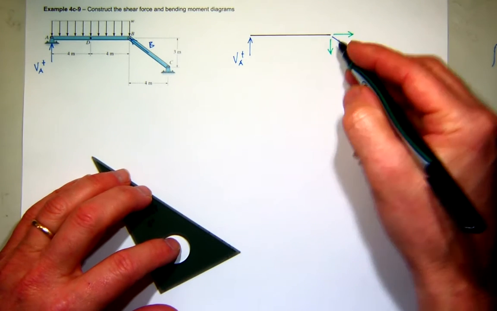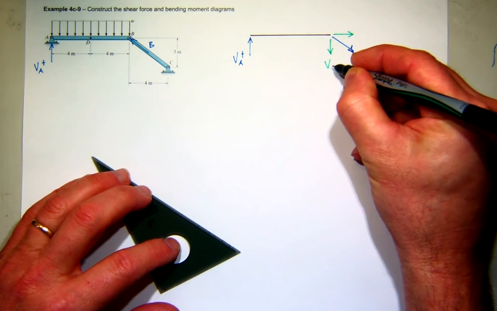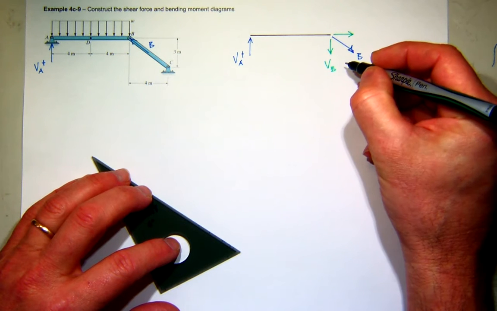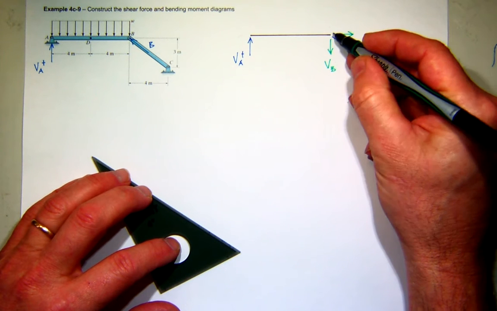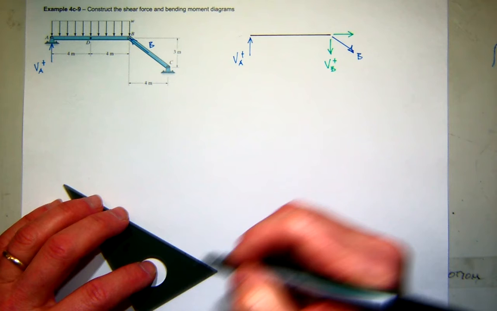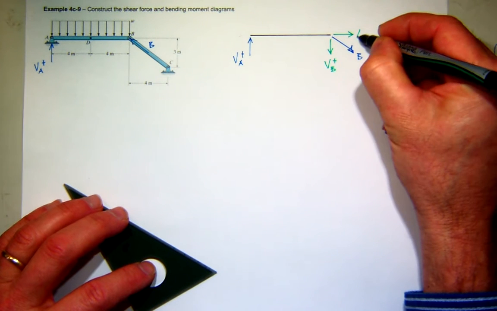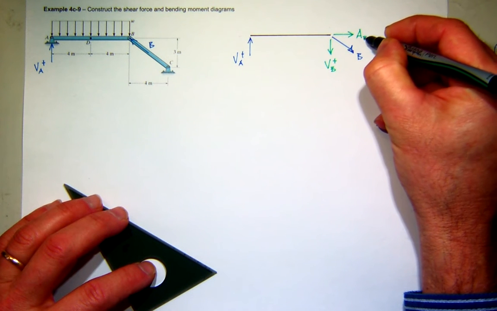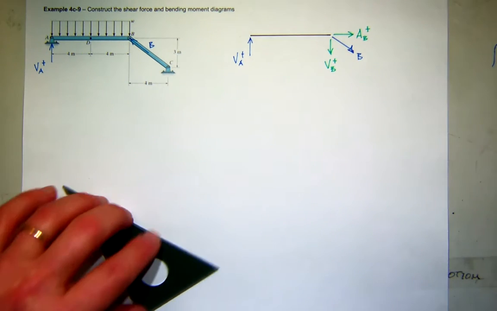So that force is actually now going to be the shear at B, right? And down on the right-hand side is actually positive shear. And this force would be the axial force at B, also in the positive direction.